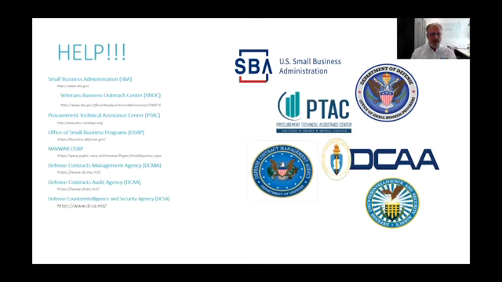And then those last 3 government agencies mentioned there, when you're doing business with the Department of Defense, these are going to be the 3 that you come in contact with the most. There's the Defense Contract Management Agency, dealing with contract performance and accounting things a bit. The Defense Contract Audit Agency is who's going to be out there auditing your financials.